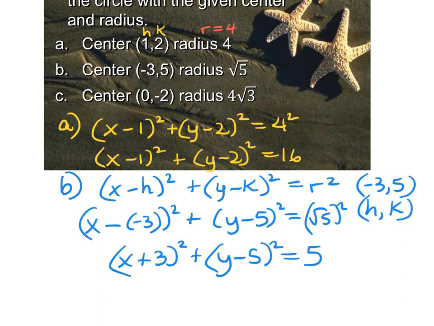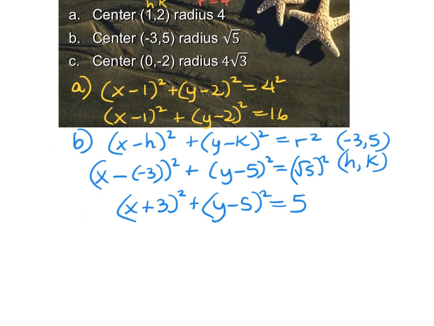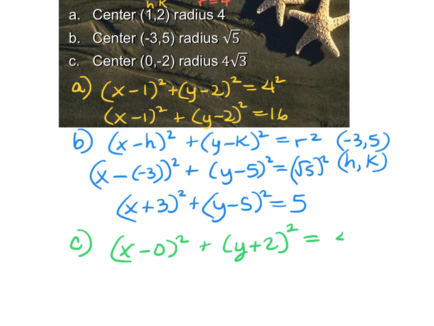And then part C, we already calculated what 4 square root 3 squared was, but I'll do it again. So it's the same radius as the previous example. So we're going to do x minus 0 squared plus y minus minus, so this will become a plus 2, and then 4 square root 3 squared.